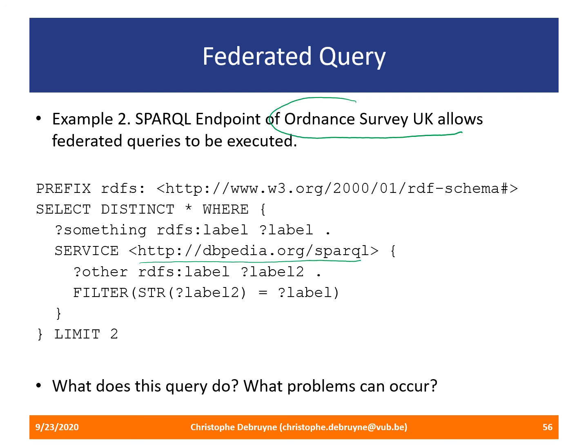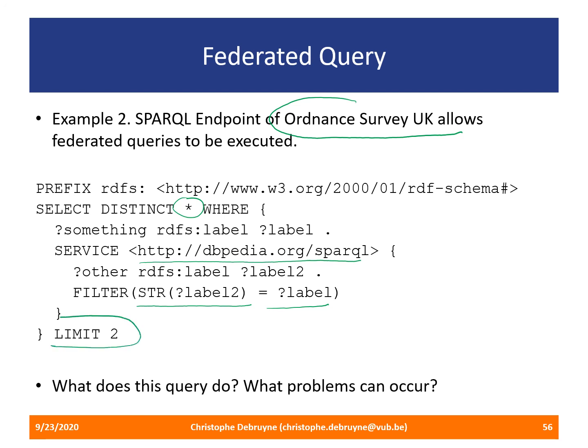And I'm looking for things that match their label. So I'm looking for matching labels, and whenever I find a match, I will return everything. So if I find things that have the same label in my dataset or in the Ordnance Survey UK's dataset and DBpedia, I will just return those matches.